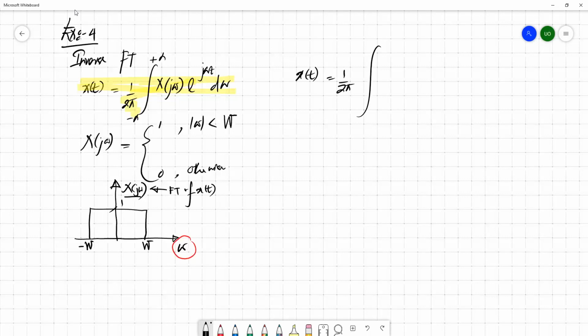We know that this function is defined only between plus W and minus W, so the integral simplifies to plus W to minus W. During this period, X(omega) would be 1, times e to the power j omega t.